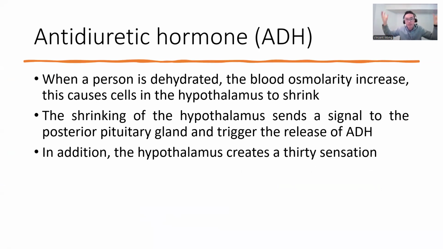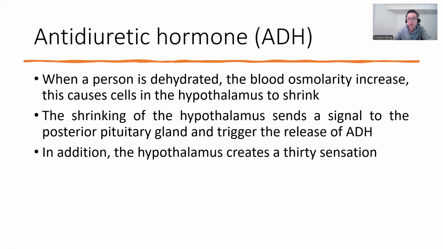When the environment is hypertonic, it sucks water out of the cell. And the cells in the hypothalamus will shrink. The shrinking of the hypothalamus triggers these gated channels on the surface, and that creates an action potential that goes down to the posterior pituitary gland, and it triggers the release of ADH.